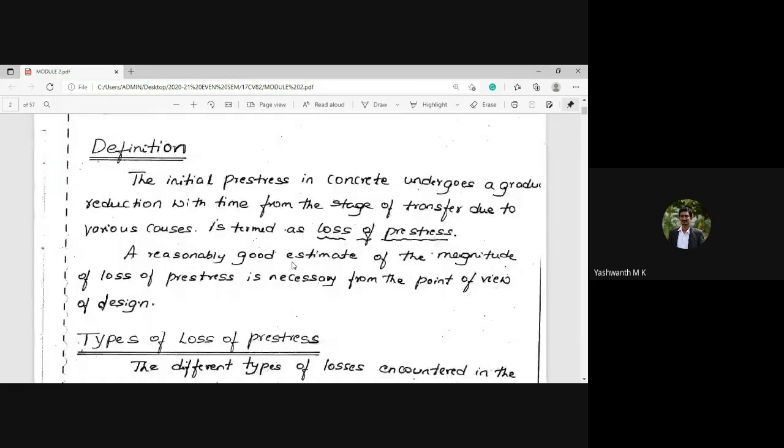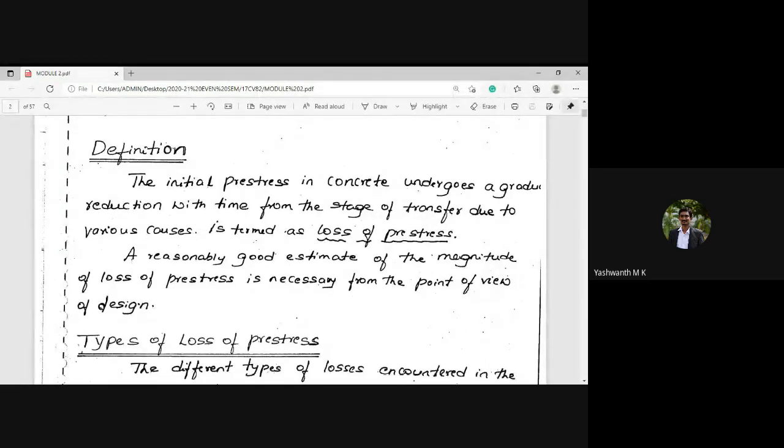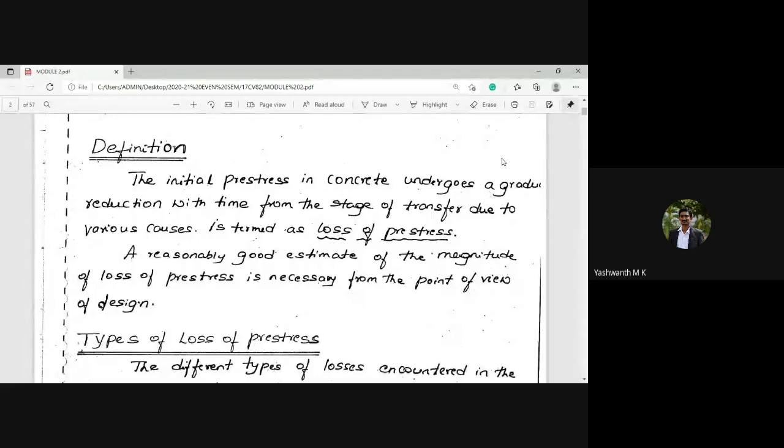First, let me define what is loss of pre-stress. The initial pre-stress in concrete undergoes a gradual reduction with time from the stage of transfer due to the various causes, and this is termed as loss of pre-stress.